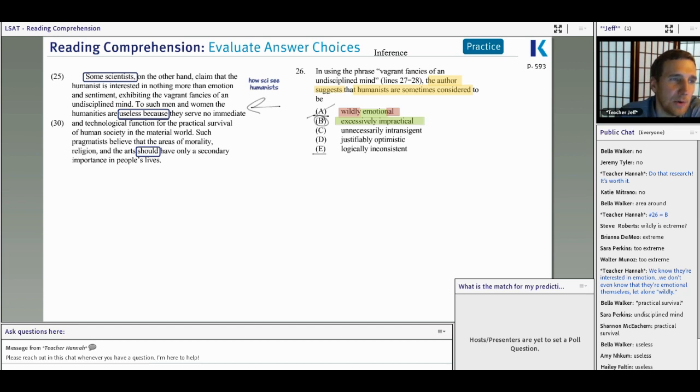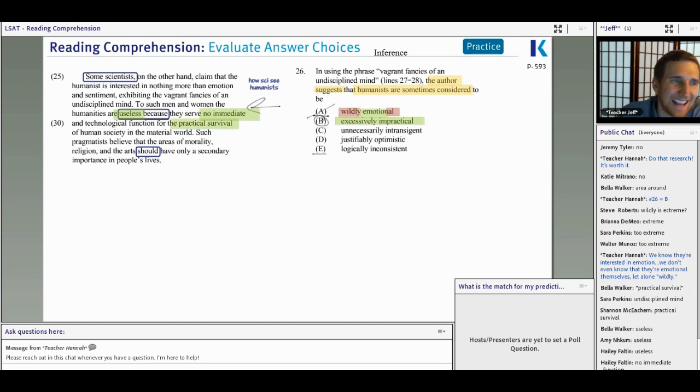There we go, useless, because they serve no immediate practical survival. So people are bringing up practical survival, just make sure you get that no immediate, that useless out of it. That is excessively impractical. Please note, answer choice C talks about being logically inconsistent. It's not that they're inconsistent, it's just that they're interested in things that the scientists think don't matter.